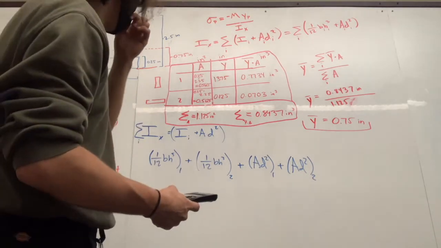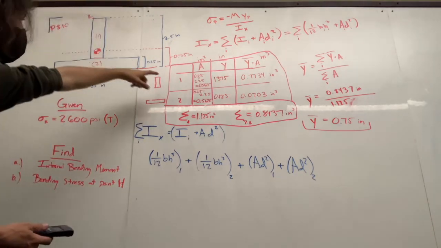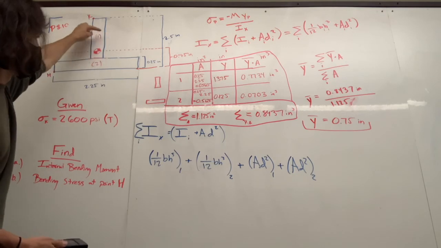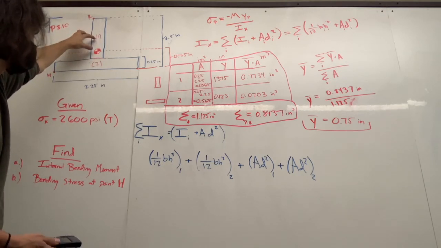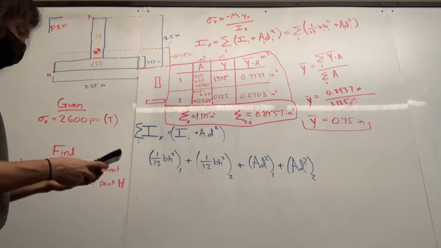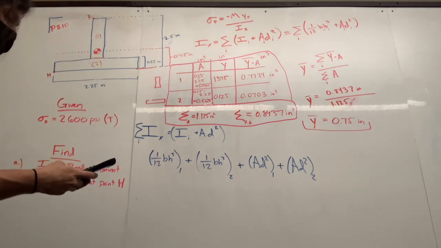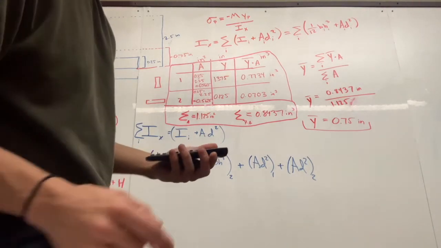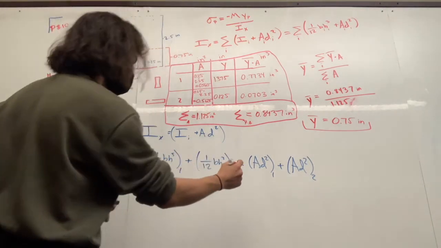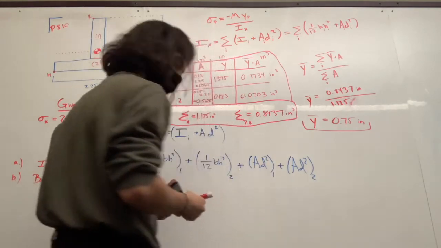Since we know that y bar 1.375 would be above the actual centroid, we'd go 1.375 minus 0.75, and we get 0.625.